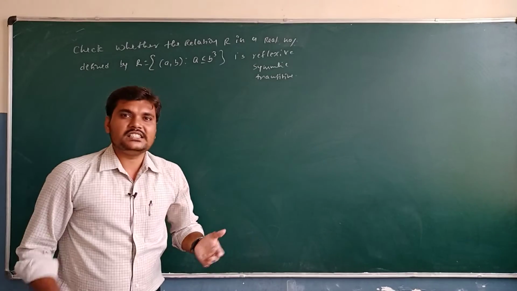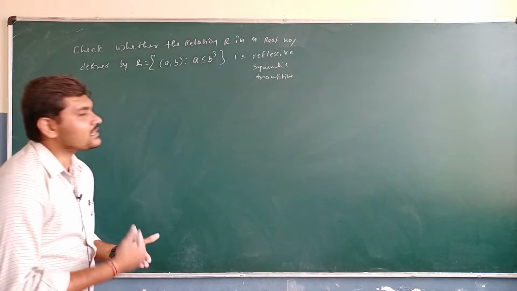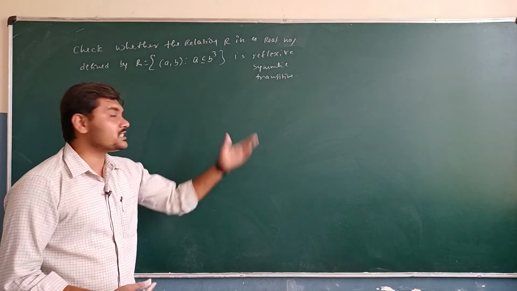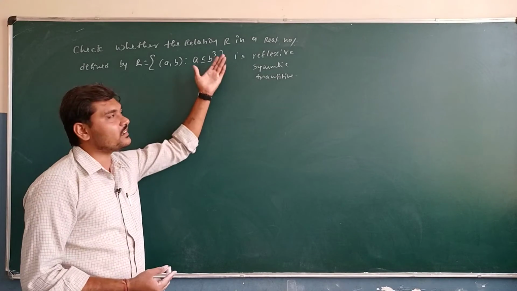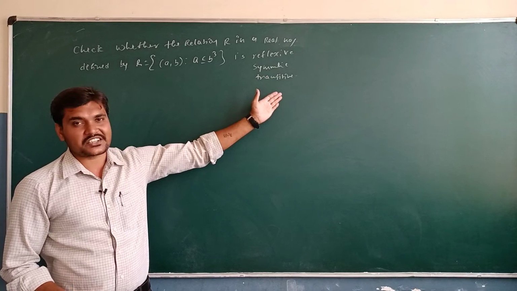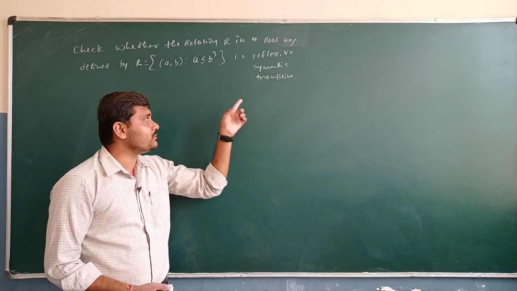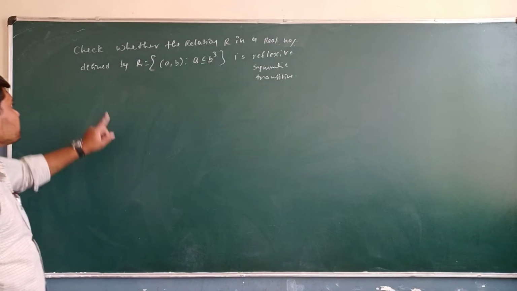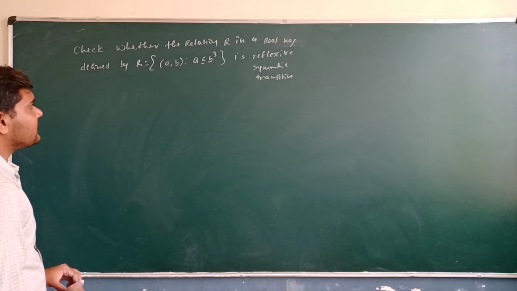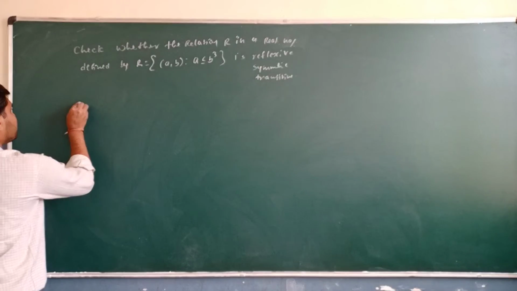They have mentioned that check means it may obey the reflexive, may not obey the symmetric, or may not obey the transitive, or may obey. We can say that suppose it satisfies every property, it's going to be an equivalence. Suppose it does not obey any one of them, it is not going to be an equivalence relation. So here the defined R is equal to {(A, B) such that A less than or equal to B cube}. Clear?